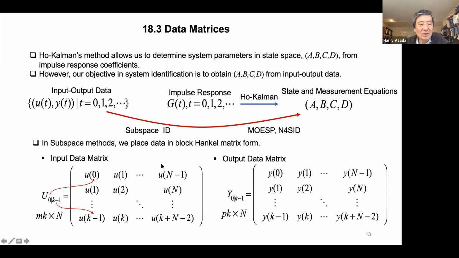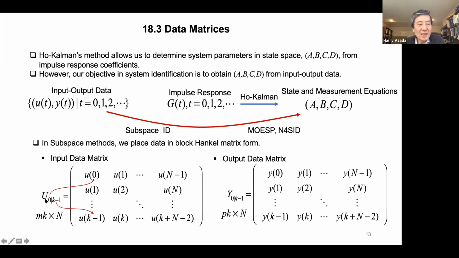This is a little confusing notation, but we use a capital U to represent this Hankel matrix, a compact representation of this input sequence, having two subscripts. The first one shows the time index here, and the second one is the final time index here.